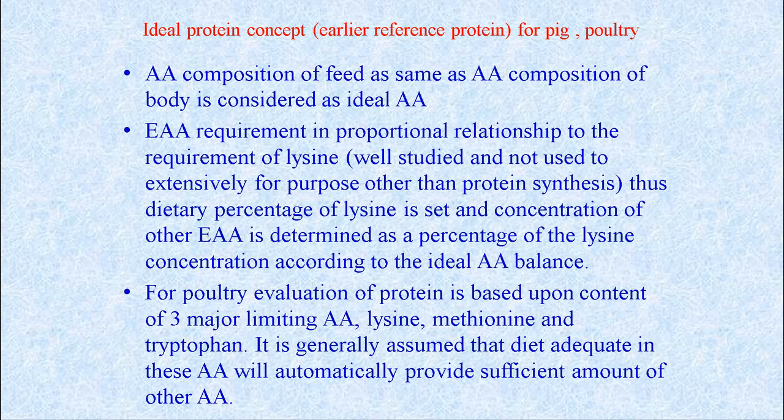So it is generally assumed that a diet adequate in these amino acids will automatically provide a sufficient amount of the other amino acids. Not only lysine and methionine, many other amino acids are also required.